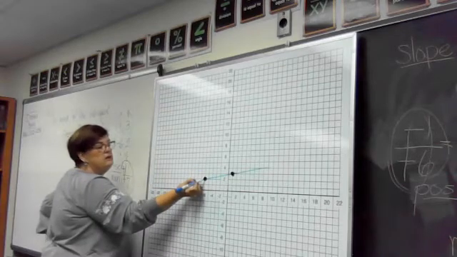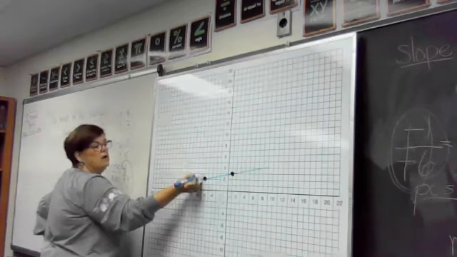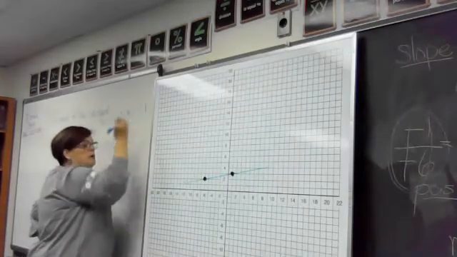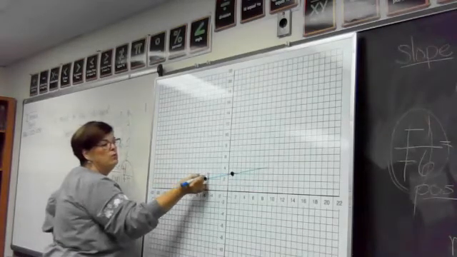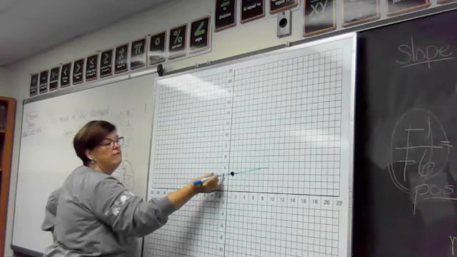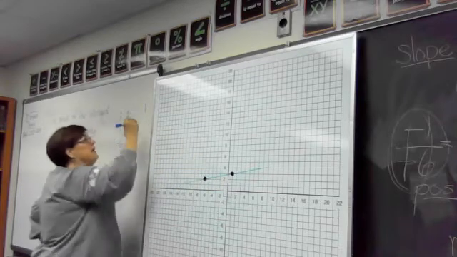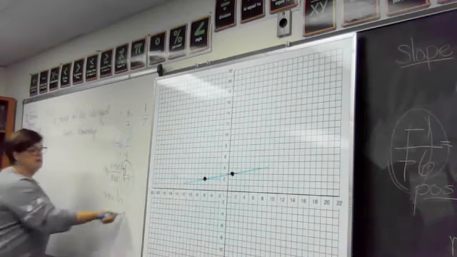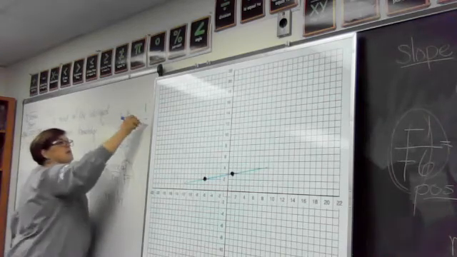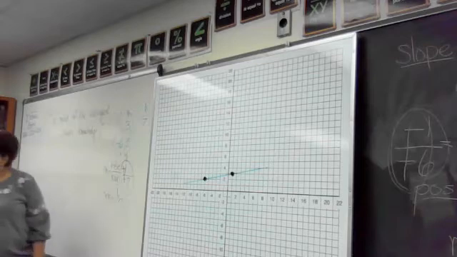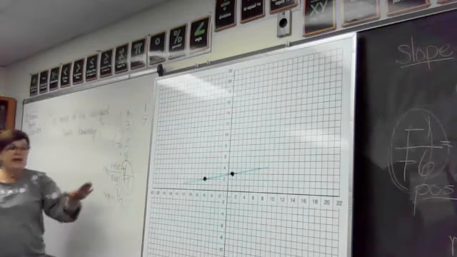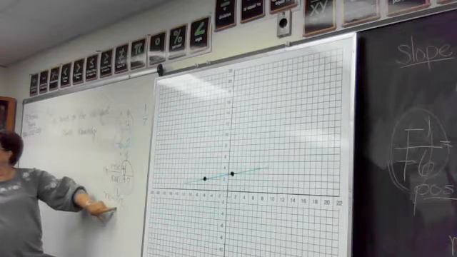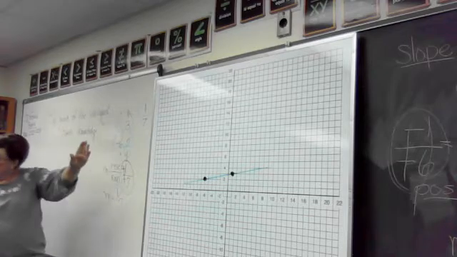So I walk up 1 block, and then turn and run 1, 2, 3, 4, 5, 6, 7, and I got to her house. So the 1/7 here and the 1/7 here, they will be the same. And the slant of your line will be positive because the fraction is a positive slope.